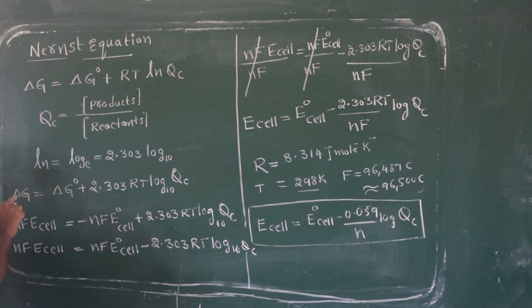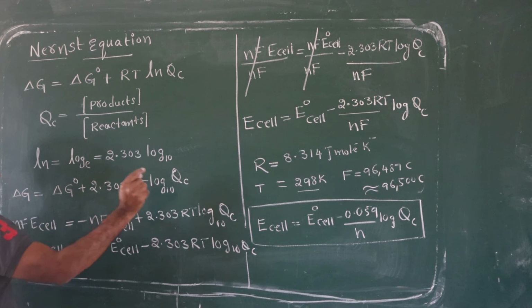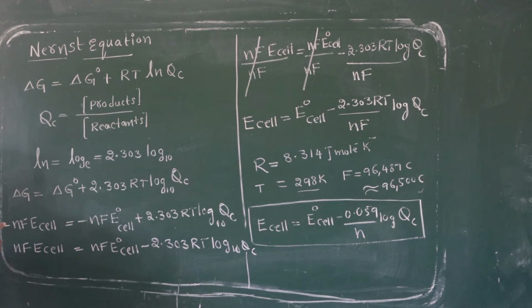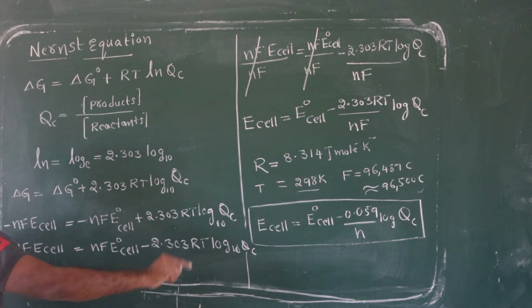Now, I derived before this, delta G is equal to minus nF E cell. Delta G naught is equal to minus nF E naught cell. So minus nF E cell is equal to minus nF E naught cell plus 2.303 RT log Qc. If this equation is multiplied with minus, then we get nF E cell is equal to nF E naught cell minus 2.303 RT log base 10 Qc.